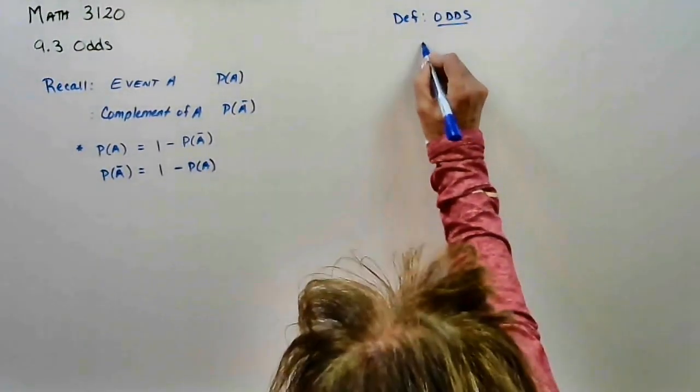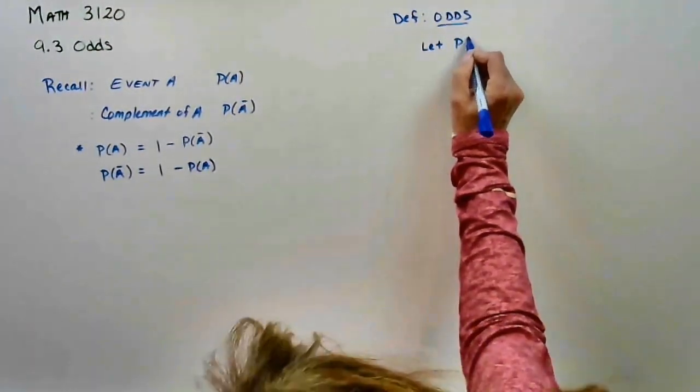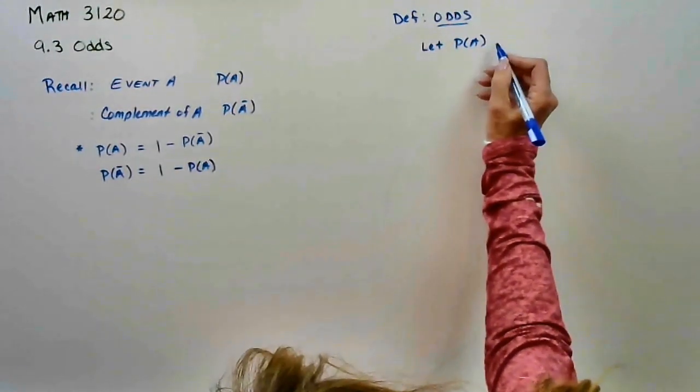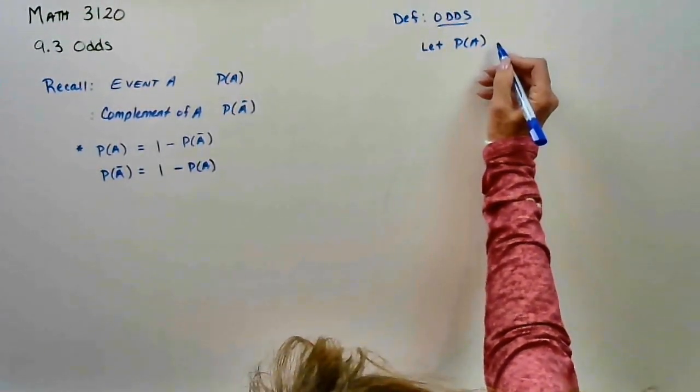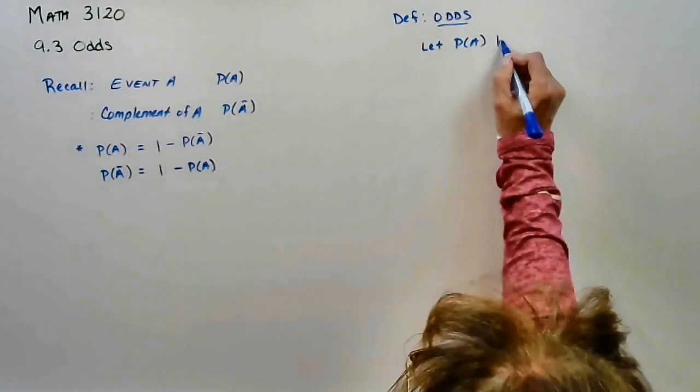The first thing we need to do is let the probability of A be the probability that event A occurs.